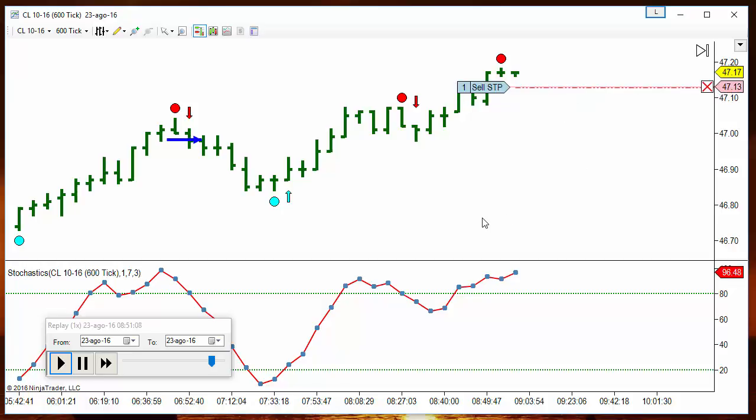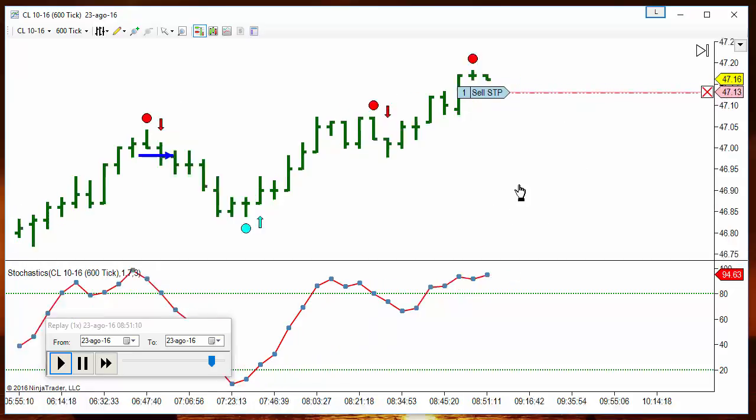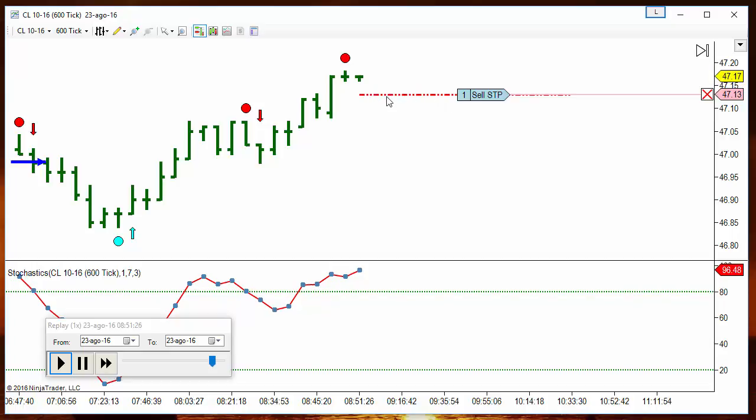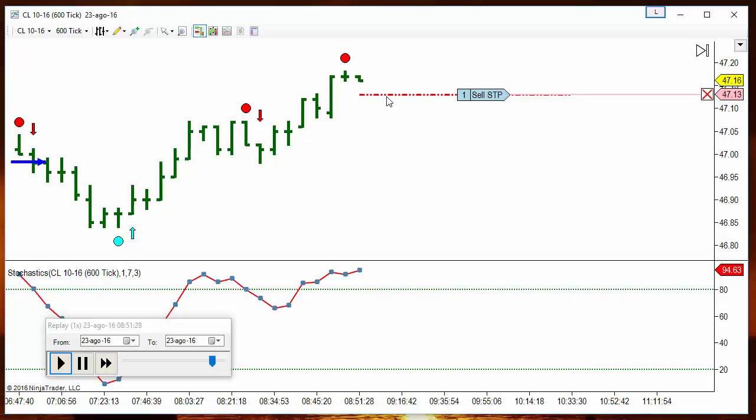Now the bar is closed, so the level is confirmed. We have the red dot on a confirmed reversal and the red horizontal line showing the entry price for that reversal signal.